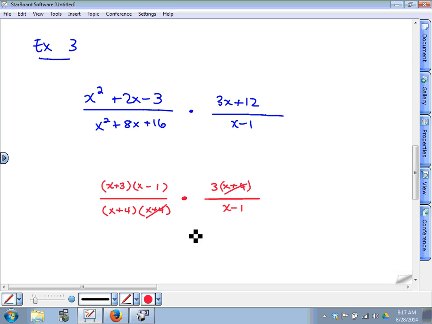Okay? x plus 4, they can cancel. x minus 1, and then the x minus 1 down here can cancel. Now you're ready to multiply straight across. 3 times x plus 3 in the numerator, divided by x plus 4.